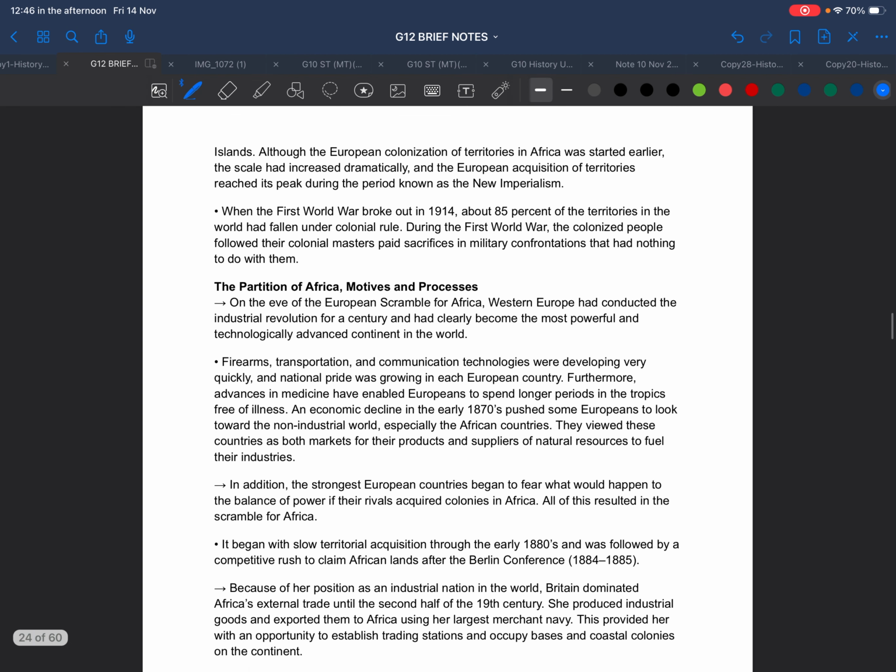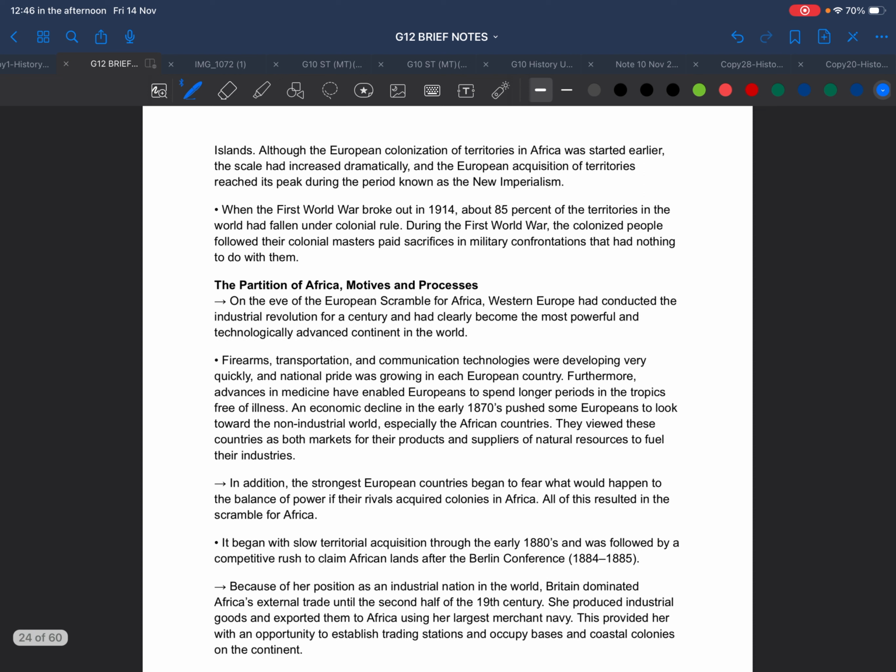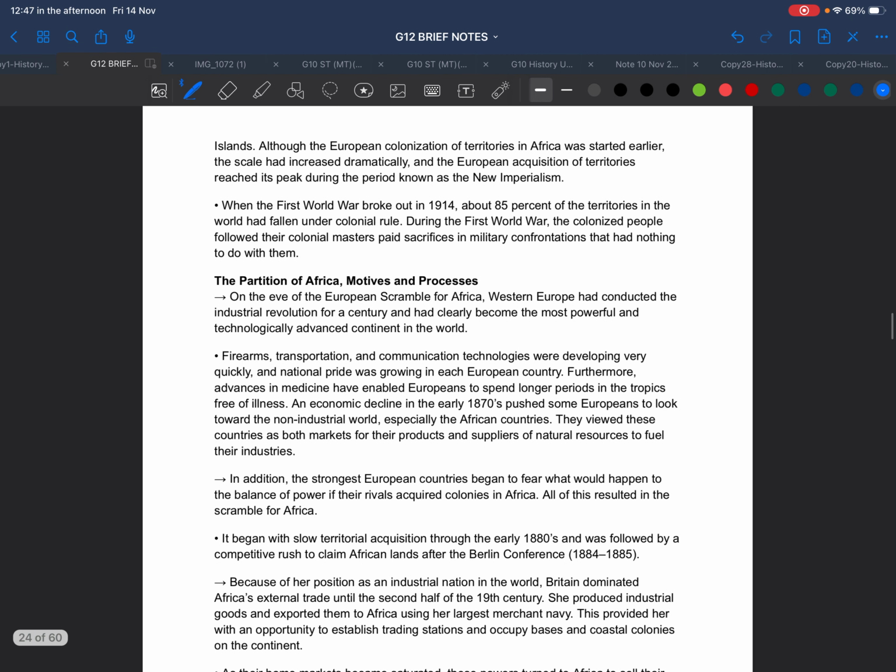Although the European colonization of territories in Africa started earlier, as we did say frequently, the scale increased dramatically just after new imperialism began, in an unexpected way, and European acquisition of territories reached its peak, the maximum point, during the period known as the new imperialism.